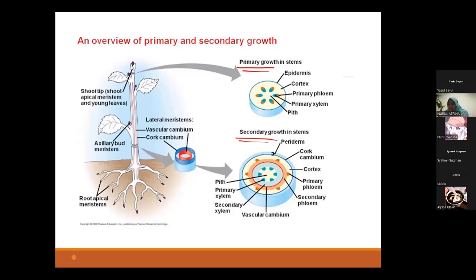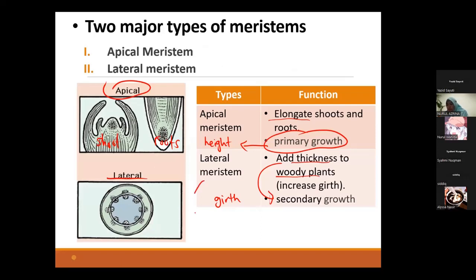Lateral meristem is found in the vascular cambium or cork cambium, whereas apical meristem is found in the shoot tip and also root. So if I were to help you put it, lateral meristem is found in the cork cambium and also vascular cambium.